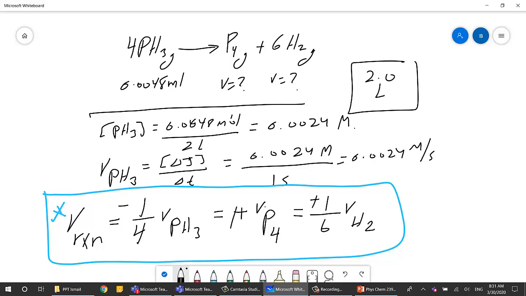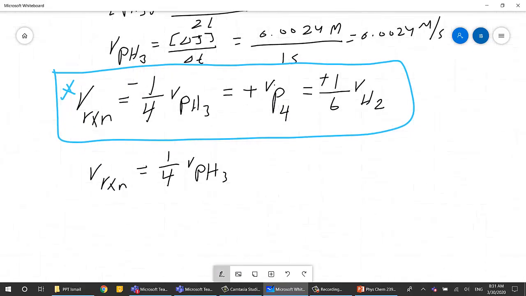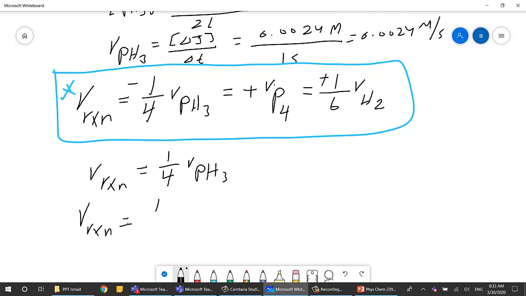So therefore, the rate of reaction is equal to 1 over 4 times this number, which is 0.024 molar per second. And this will give you a quarter of this quantity, 0.006 molar per second.